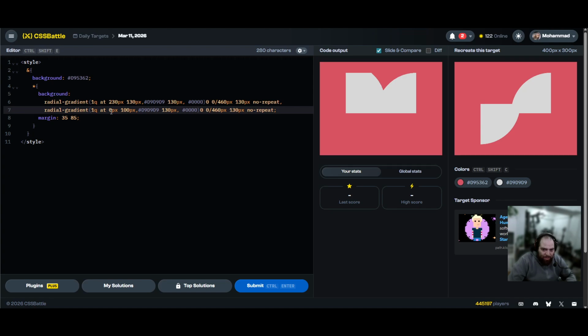That means I have to take this from 0, 0. And if I go down, so 10 brings it down. Okay, so if I now push this down, so 130px, right? There we go. 100px. 130.